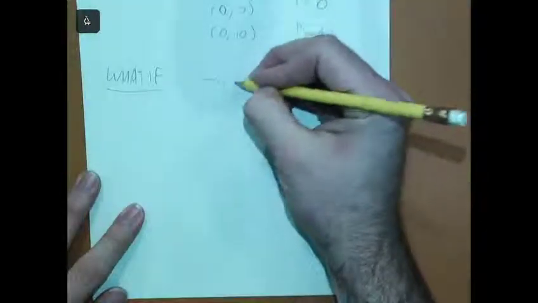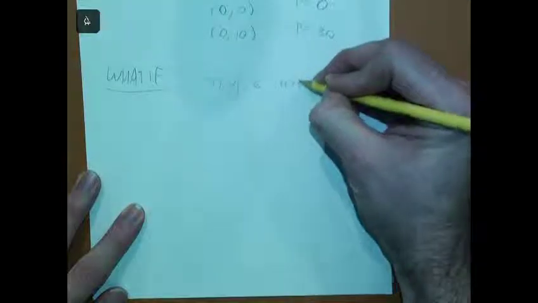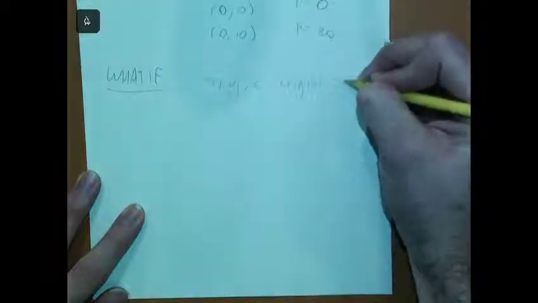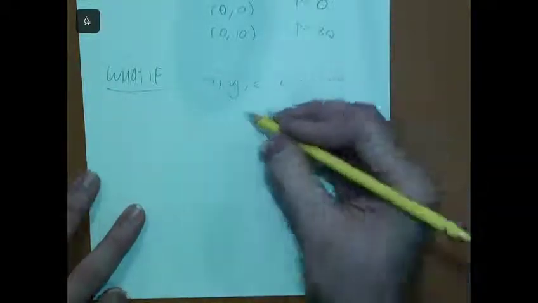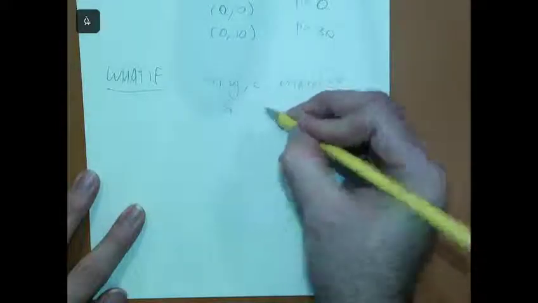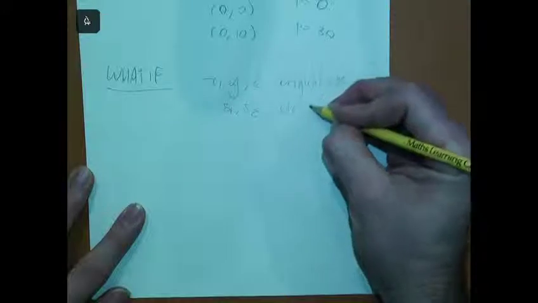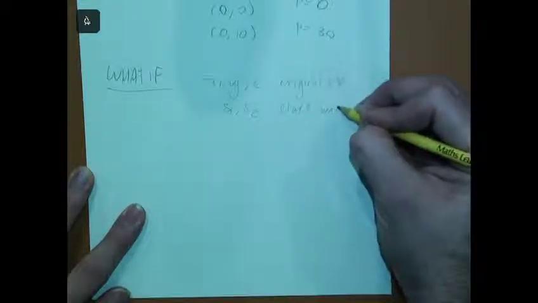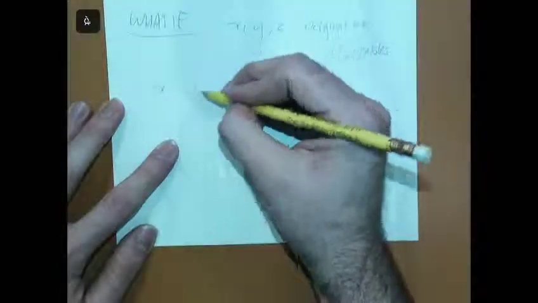What if you had x, y, z as your original variables, and you ended up with 2 slack variables. Okay? In that case, you'd end up with something like this.